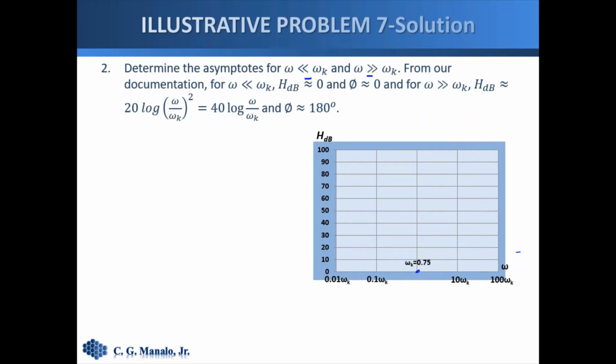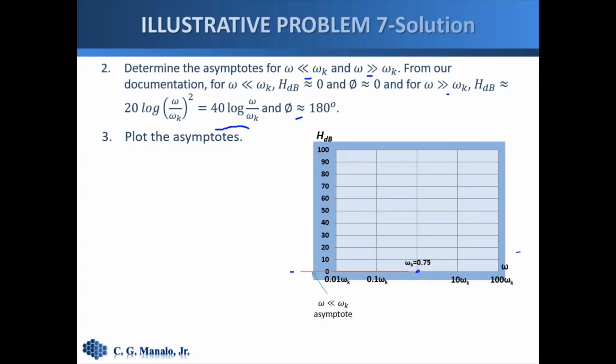And for omega much greater than omega k, H dB there is given by this, and the phase angle is 180 degrees. So let's do the plot. So for omega much less than omega k, this is the asymptote.